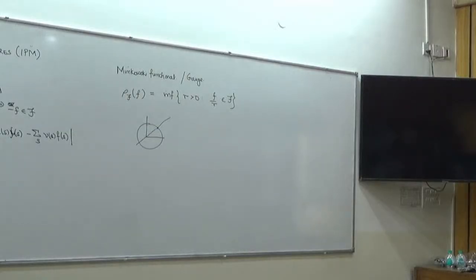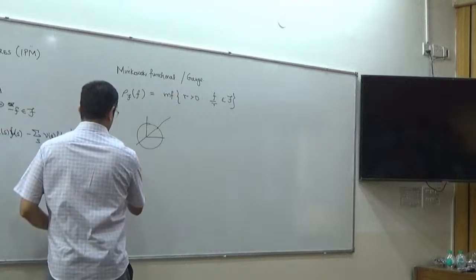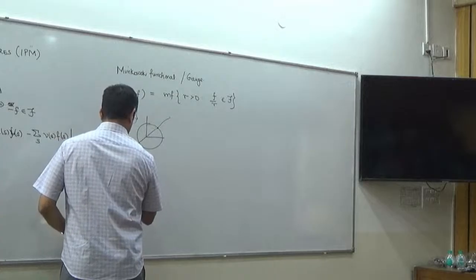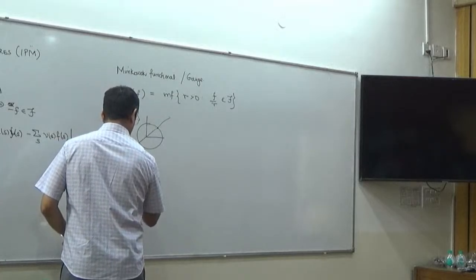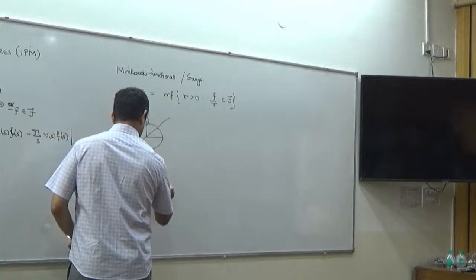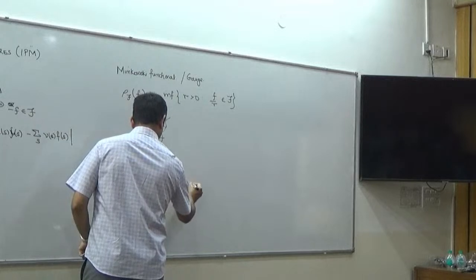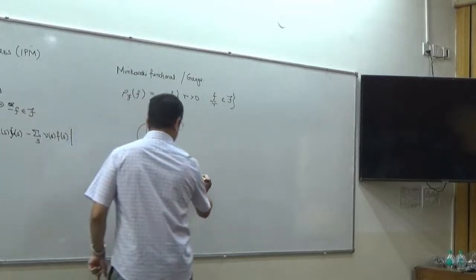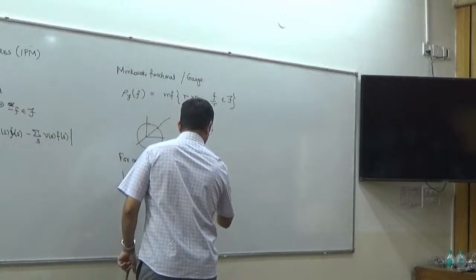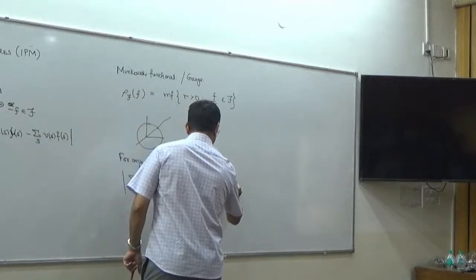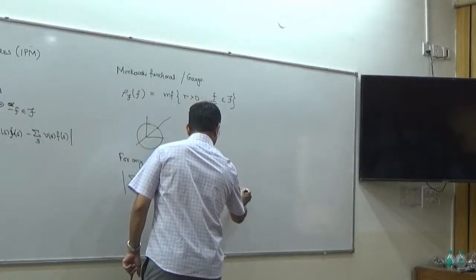But this definition and this definition immediately give me the following. For any function f, the summation of mu of s times f of s minus nu of s times f of s, so the difference of expected values, is going to be bounded by the Minkowski functional of the function times the IPM distance between the measures.